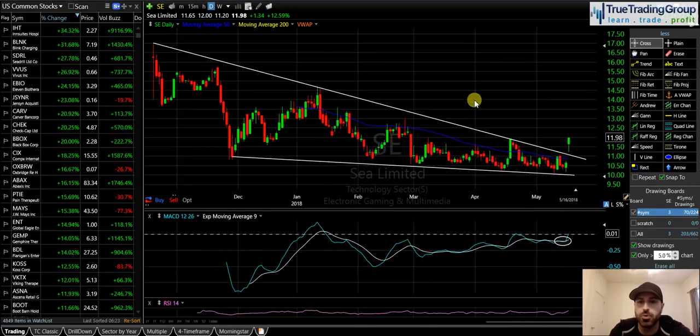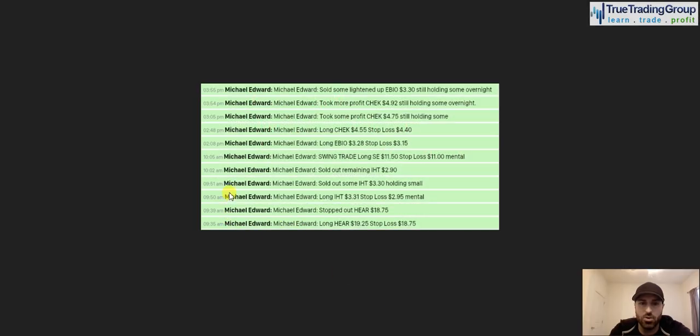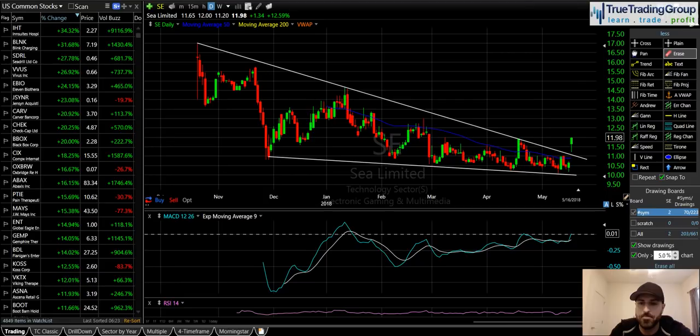So we've got multiple buy signals coming out of the MACD indicator, and then we've got this descending wedge pattern. And for that reason, guys, I'll take to my trade announcements. I got long. Here we go. Swing trade alert 10:05. Swing trade long SE at 11.50. Stop loss $11.